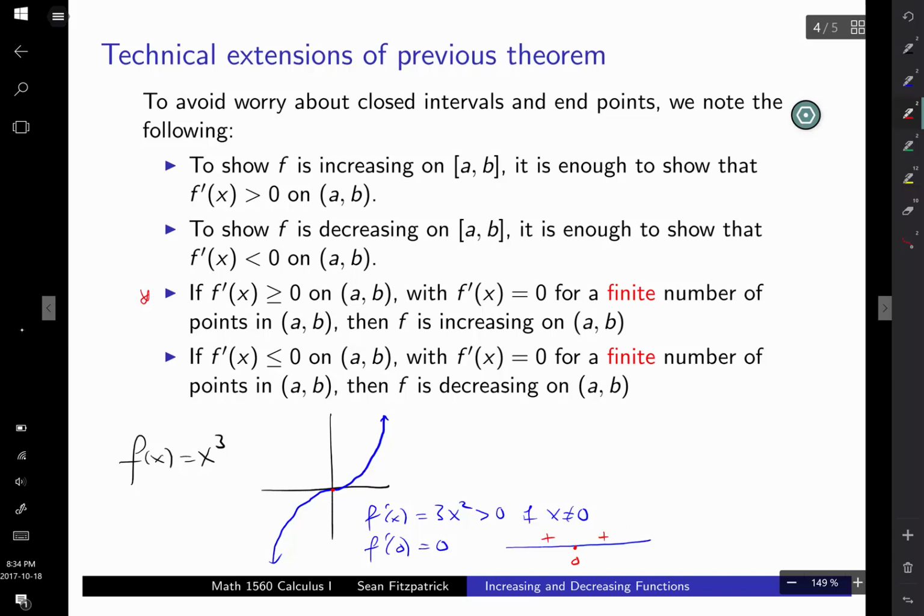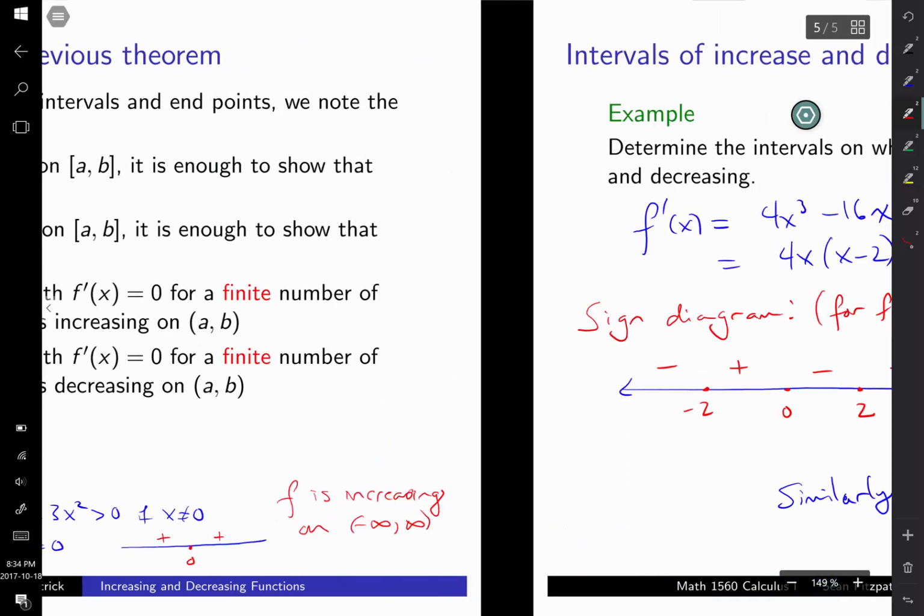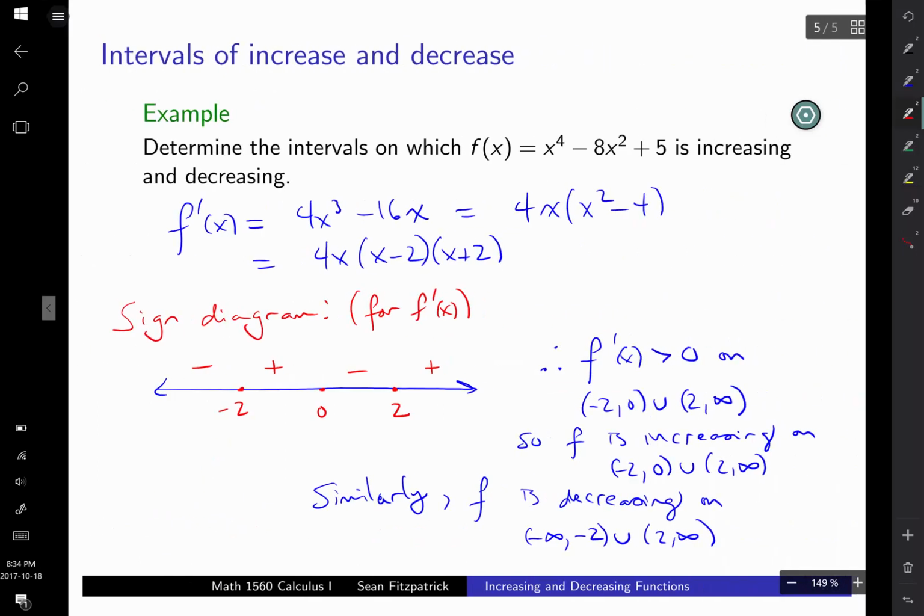There is a 0, but it's plus on either side, and so here you would say that f is increasing. Well, it's increasing everywhere from -infinity to infinity, right? Even though there's one point where the derivative is 0, you still consider it to be increasing at that point.